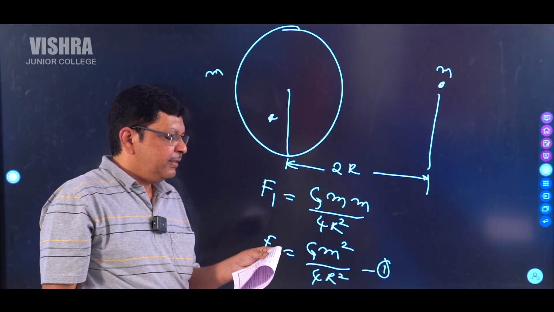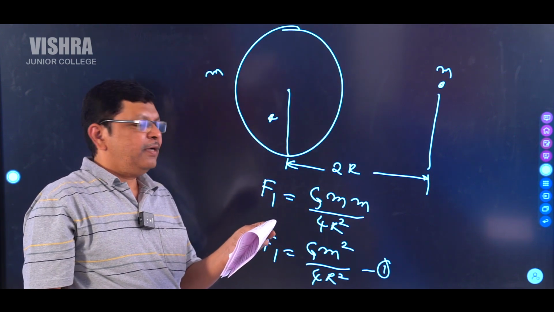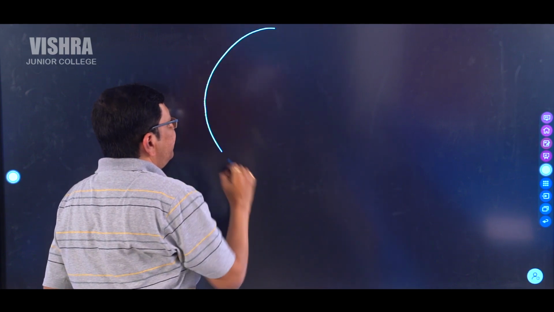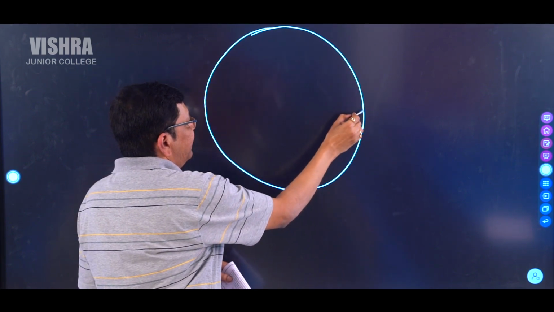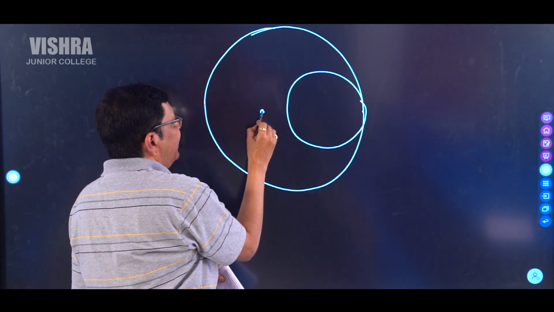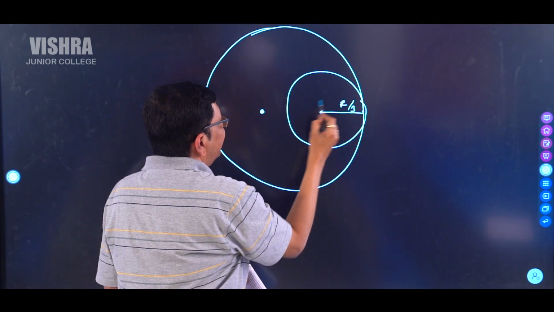And second, a spherical part of radius r by 3 is removed from the big sphere. So let me check. From the big sphere, a spherical part of radius r by 3 is removed, and the removed portion is given as shown in the diagram. So this distance is r by 3.